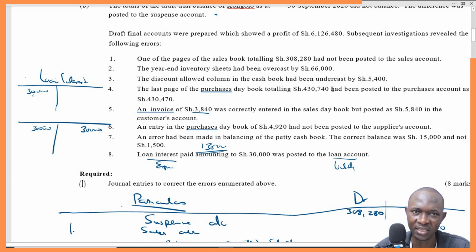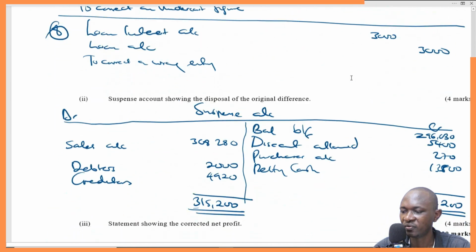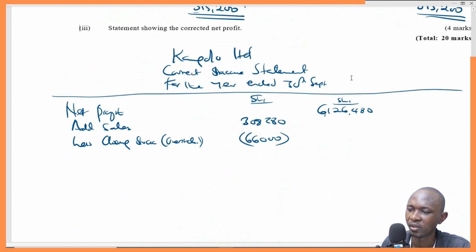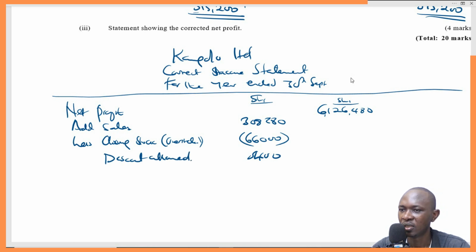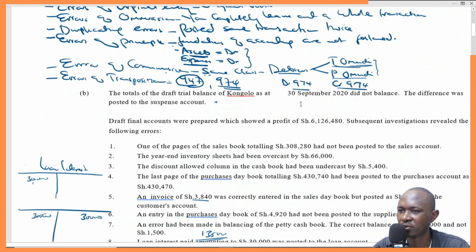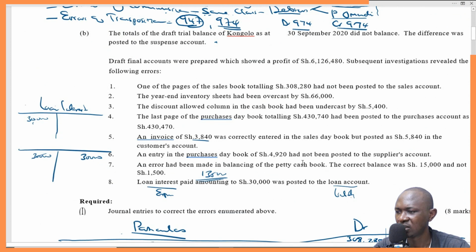When it increases the expenses, it reduces the net profit. So less 5.4, discount allowed. Then we move to the next one. That's how we go about it.